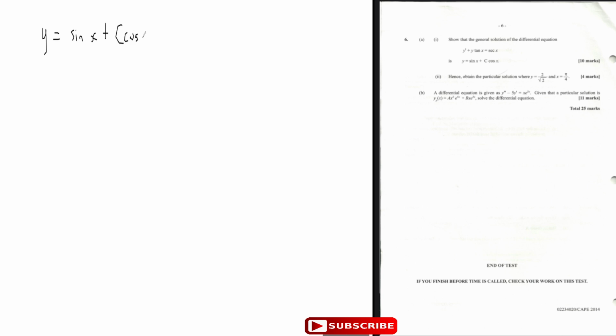Now all you're going to do is find what is c. So when x is pi by 4, y is 2 over root 2. So 2 over root 2 is equal to the sine of pi by 4. I don't like to write so much pi, so I'm going to write 45 degrees. The sine of 45 degrees plus c times the cos of 45 degrees.